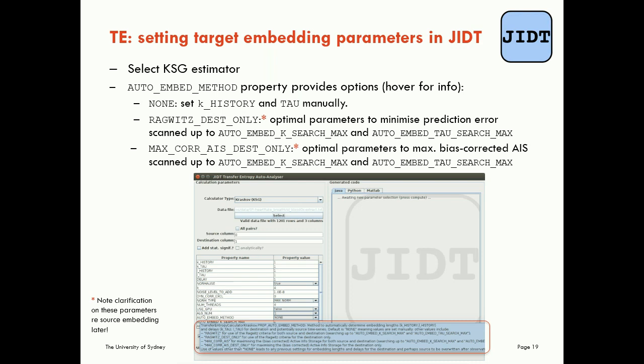So let's have a look at how to set these target embedding parameters in JIDT when we measure the transfer entropy. Let's go across and have a look at using the KSG estimator, and we're going to look in particular at the auto embed method property, which provides us the options for target embedding here.